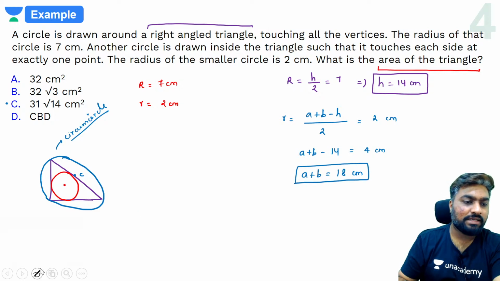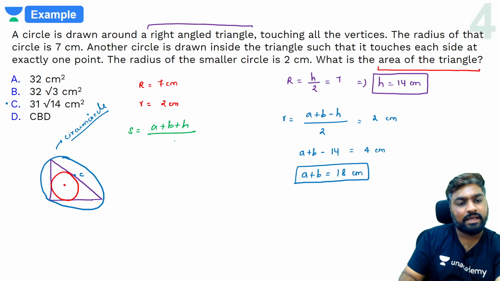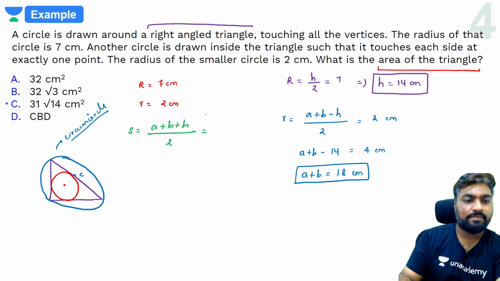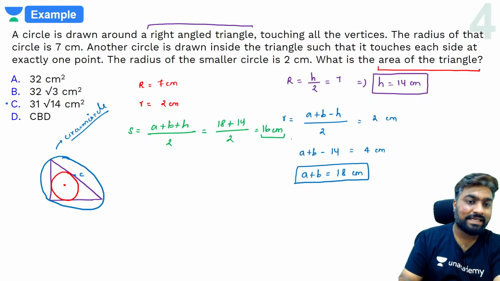Yes, from this can you find out the semi perimeter? Semi perimeter क्या है? Sum of all the three sides by 2. Yes, sum of all the three sides क्या है? A plus b 18 है, h 14 है. This is 32 by 2, 16 centimeters. Yes, you found out 16 centimeters is the semi perimeter.